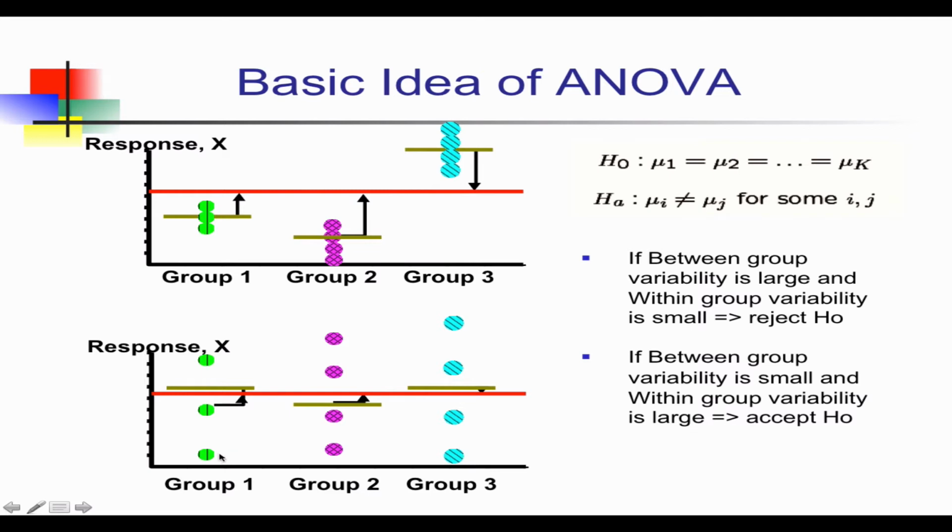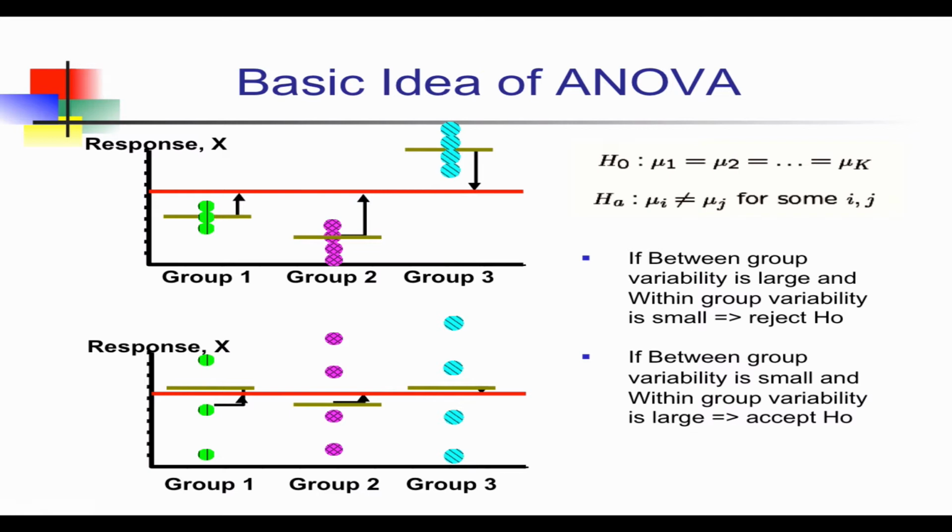So again, you can see that the distance from the individual observation to the group mean is more dominant in this situation. And the distance from the group mean to the grand mean is minor compared to the individual difference. So in that situation, you have less evidence to conclude that the different groups have different means.